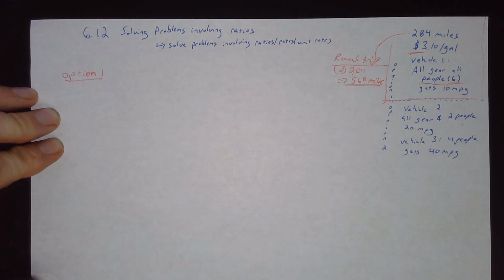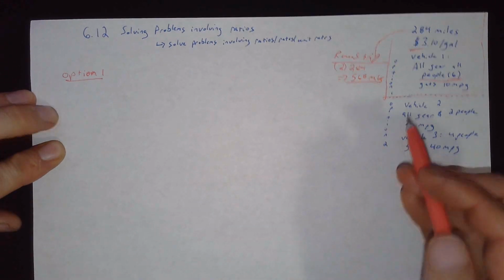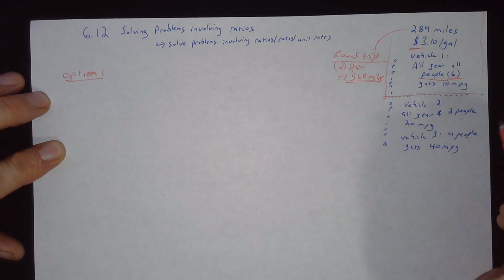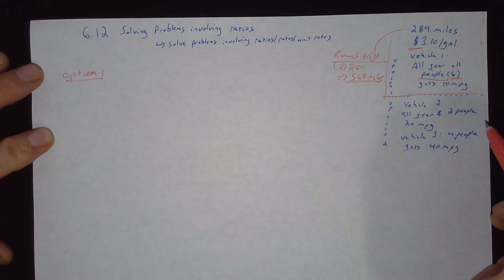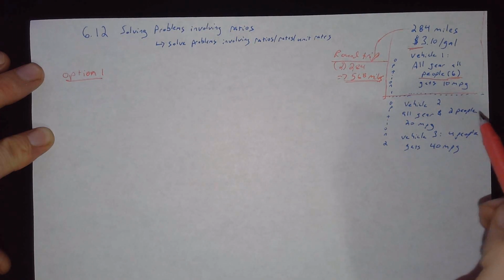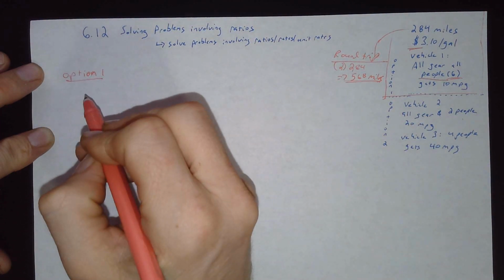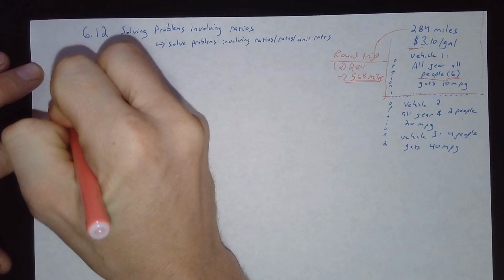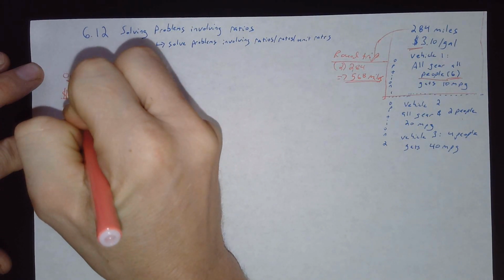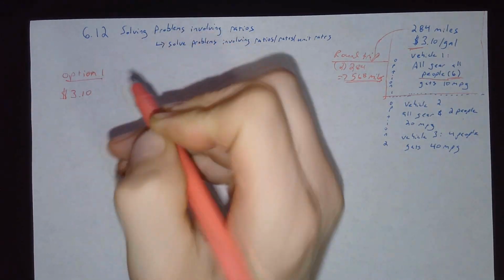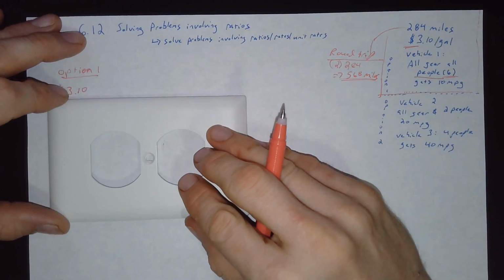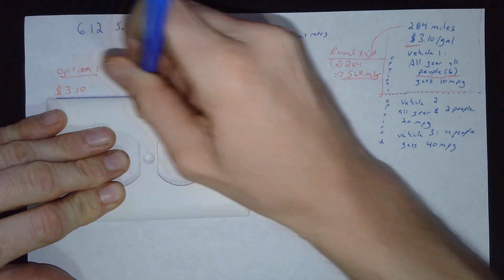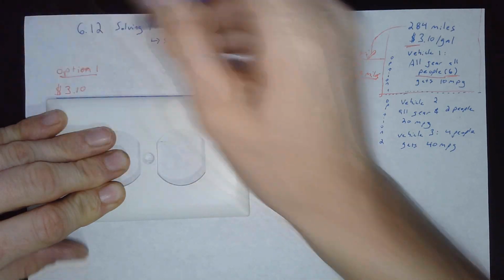Well, the first thing we put on top is the dollars per gallon, right? So I'm going to go ahead and put gasoline is $3.10. I'm going to start my railroad tracks. I'll do my railroad tracks in blue, I guess. I don't know how many railroad tracks I'm going to need. I'm just going to start doing that.